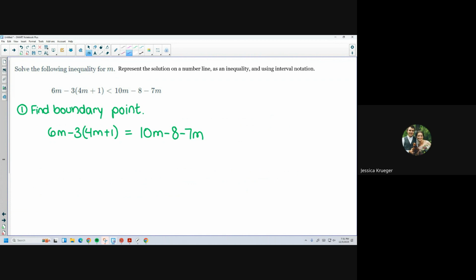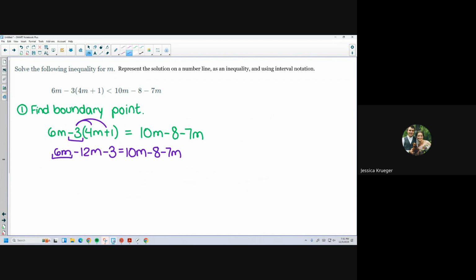I noticed some parentheses, which means I'm going to have to distribute. And the number I'm distributing is negative. So this is going to become 6m minus 12m minus 3 equals 10m minus 8 minus 7m. Now, before I start moving things from one side to the other, I'm going to see if there's anything I can combine on the same side.